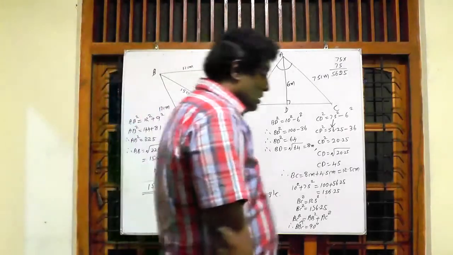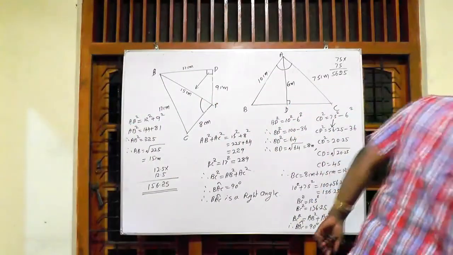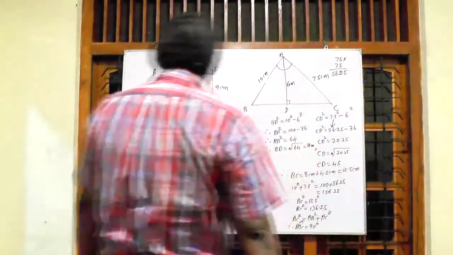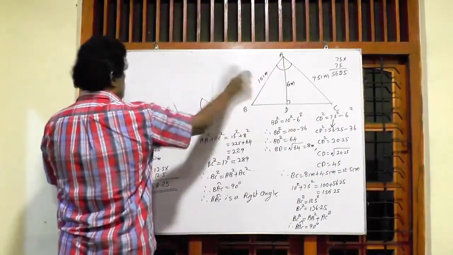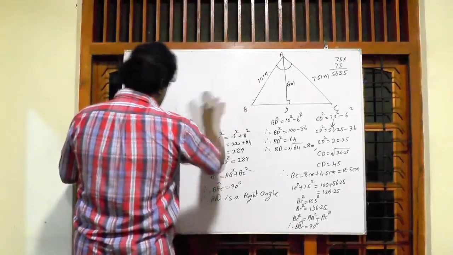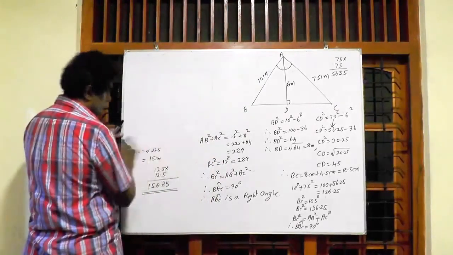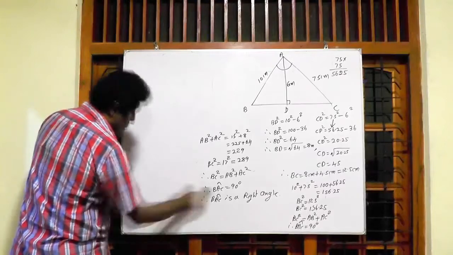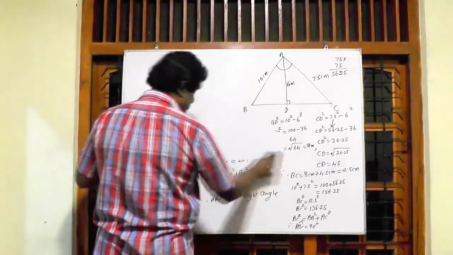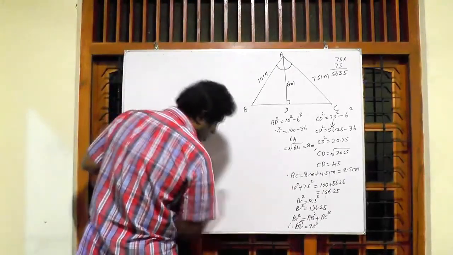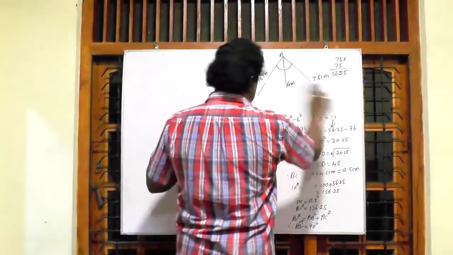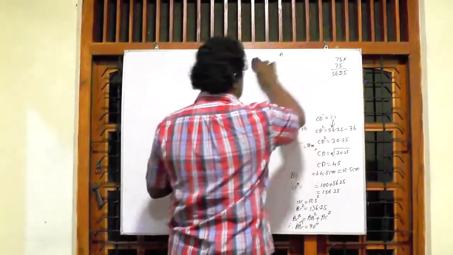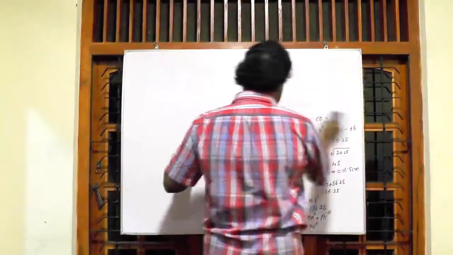Okay. Now we got some help from Pythagorean triples. Right. Do you like to do the next one, the third one of this exercise?